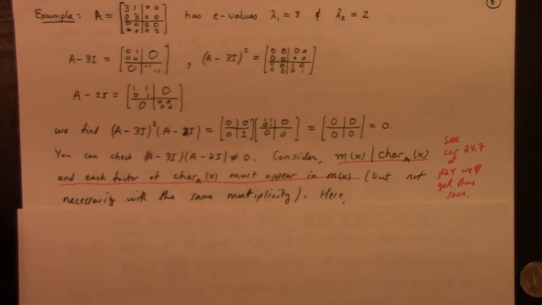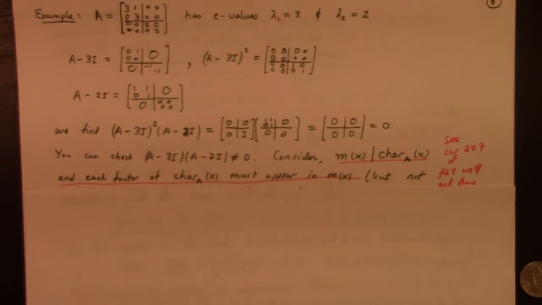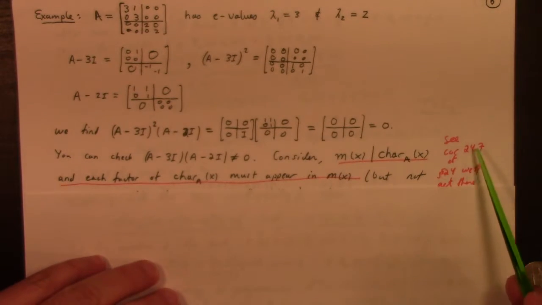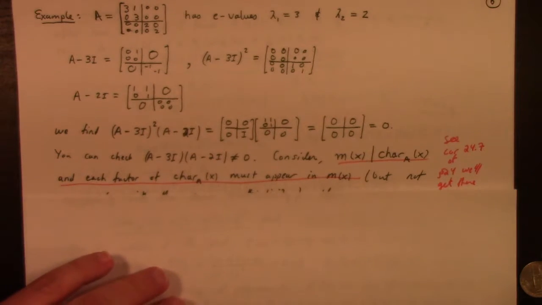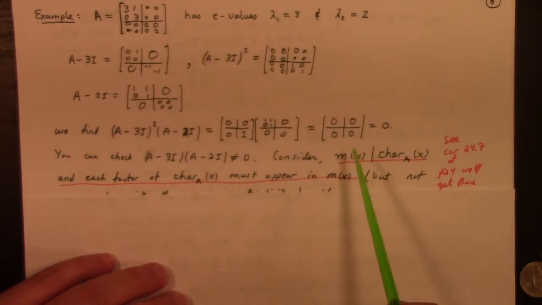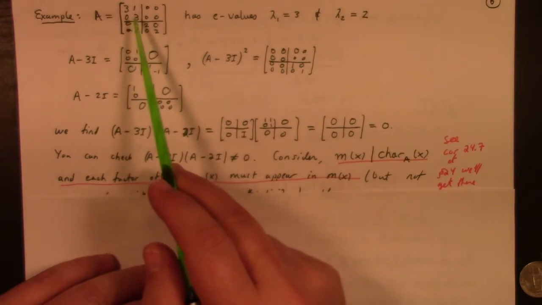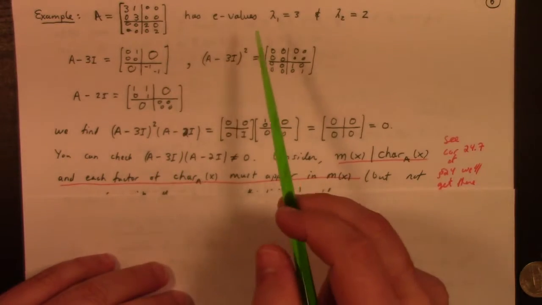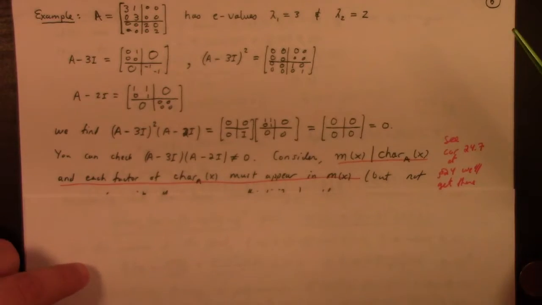well, I should also mention we will soon learn that the minimal polynomial has to divide the characteristic polynomial. That's corollary 24.7 of section 24. We'll get there soon. So if you know the characteristic polynomial here is (x minus 3) squared times (x minus 2) squared, there has to be an x minus 3 and an x minus 2 in the minimal polynomial.